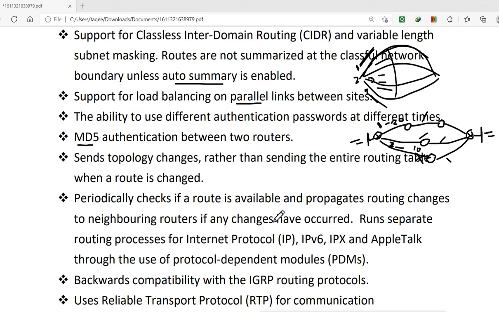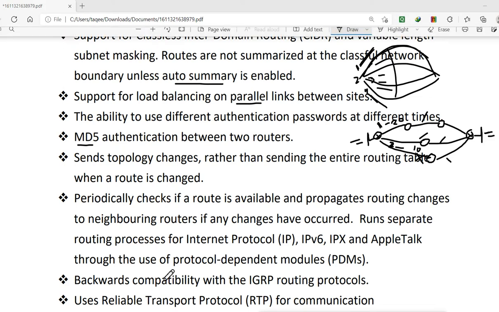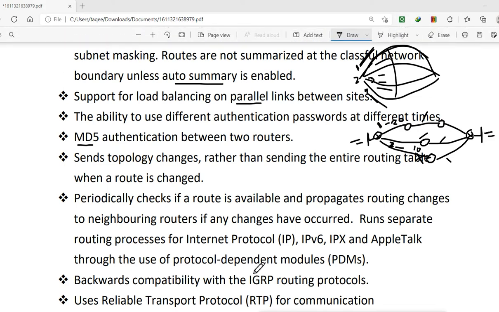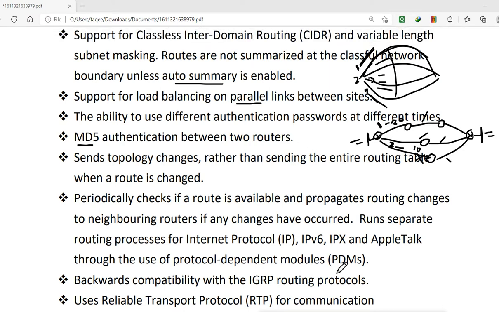But EIGRP supports IP, IPv6, IPX and AppleTalk, and it can run different routing for the different protocols, through the use of protocol dependent modules.